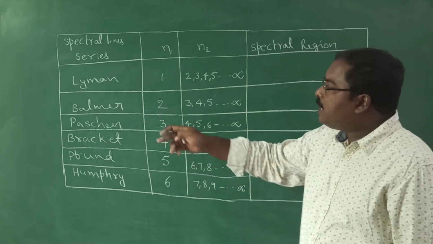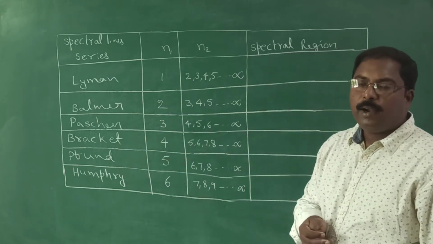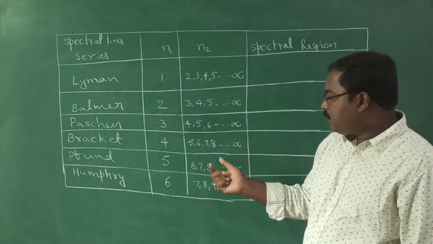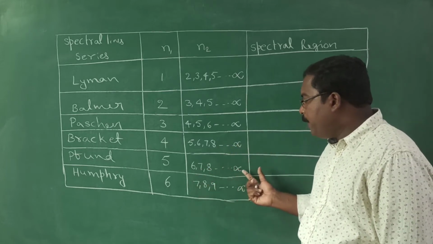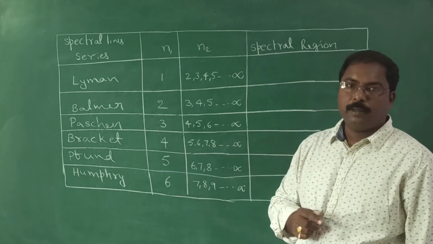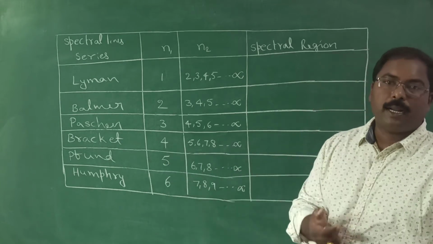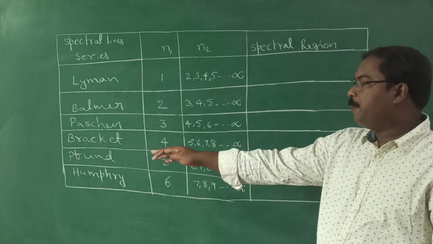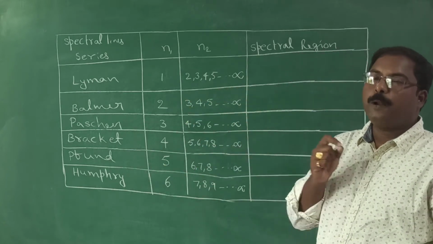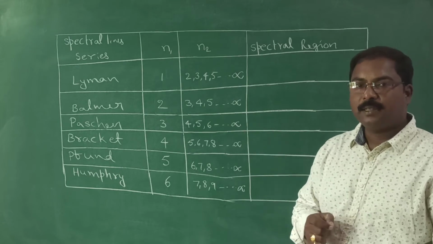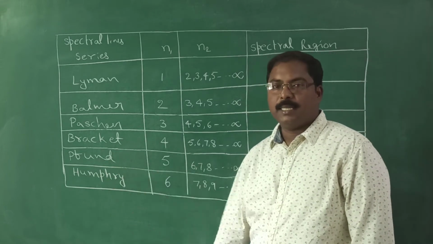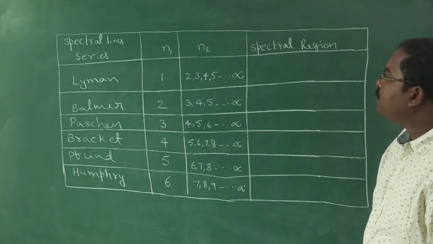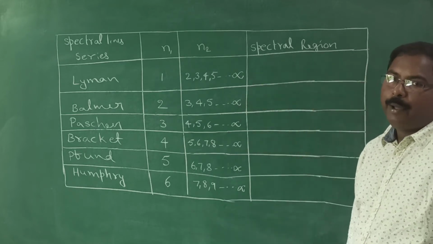If they ask about the Pfund series, it means the electronic transition takes place from any orbit to the fifth orbit, and the corresponding spectral lines are known as the Pfund series. The P is silent. Don't pronounce it as P-fund series; pronounce it as Fund series. Got it?